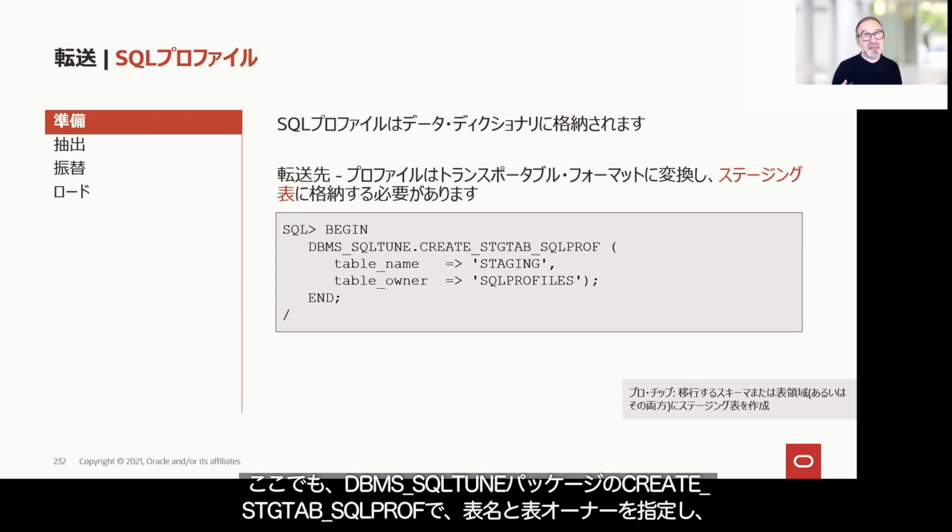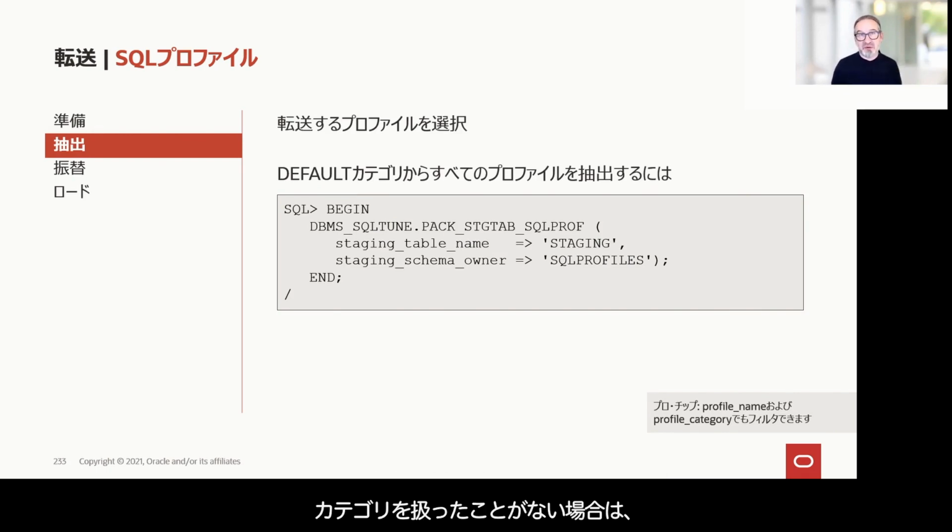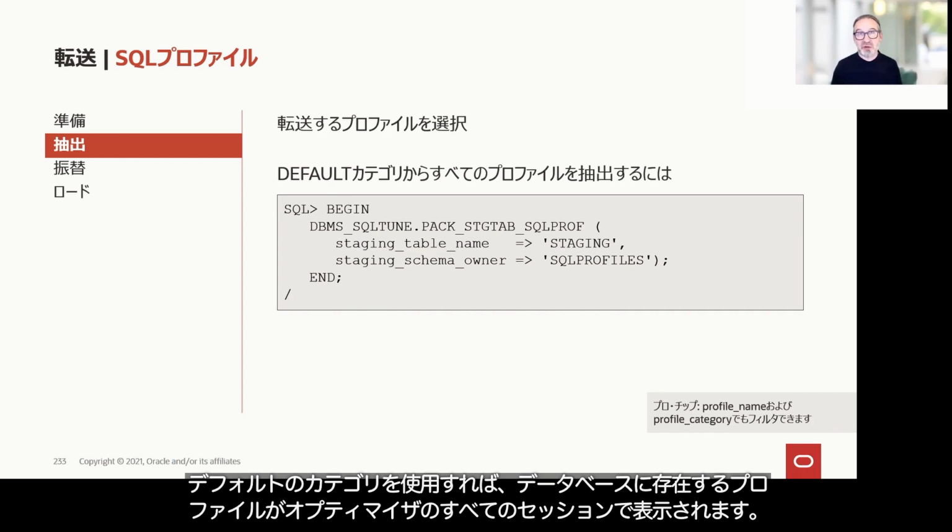So again, here now from the DBMS_SQLTUNE package, create staging table SQL prof, needs a name and an owner. Then we select the profiles we want to transfer. And now the profiles are grouped into categories. And if you never dealt with categories, then you just use the default category, and profiles which exist in your database are visible in all sessions to the optimizer.